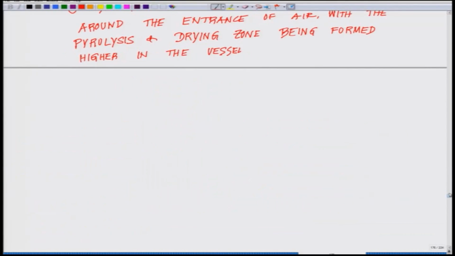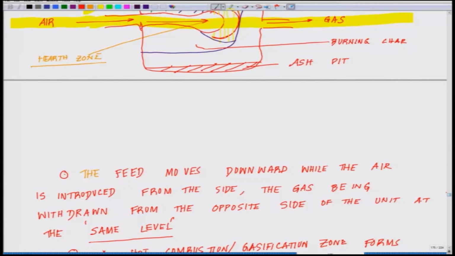Okay. The third critical point is that ash is removed at the bottom. As you could see, there is an ash pit. If you recollect the figure again, you see there is an ash pit from where you are collecting the ash.